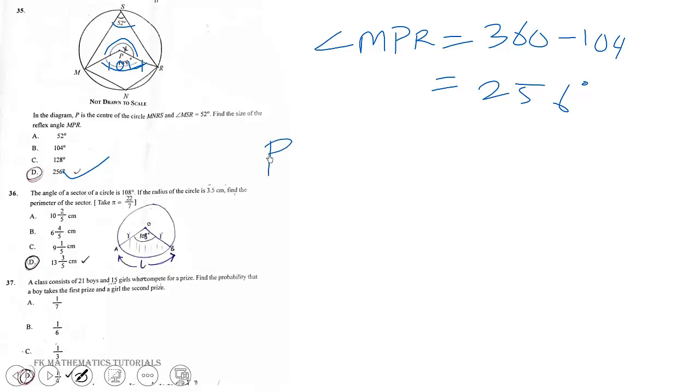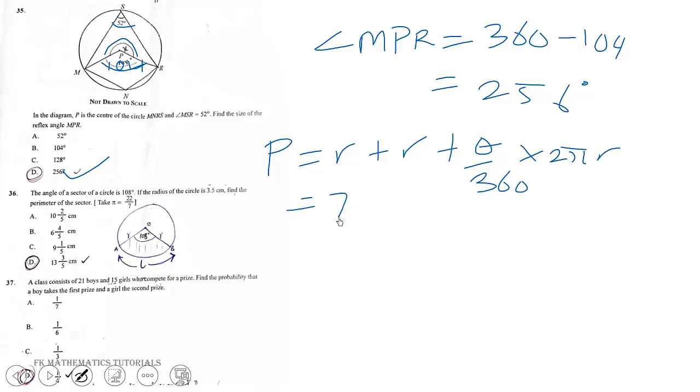So perimeter of the sector will be equal to radius plus length of arc, which is theta over 360 times 2 pi r. So the radius is 7 plus theta 108 over 360 times 2 times pi.